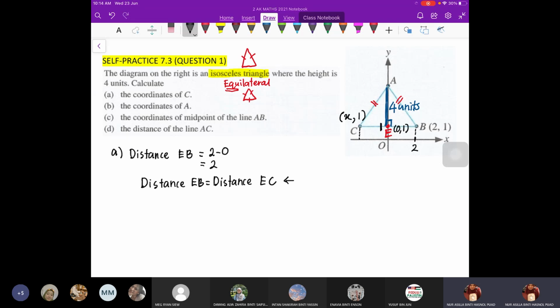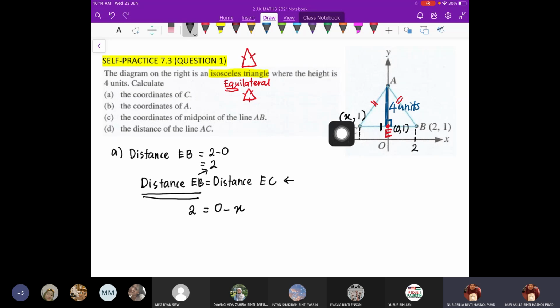Kena bagi tahu so that I know. Okay, you understand. Alright, barulah kita cakap distance. Kita tahu distance EB equals to distance EC. So distance EB ni kita akan gantikan dengan what we found, what we calculate before. So 2 equals to distance EC, which is 0 minus X.